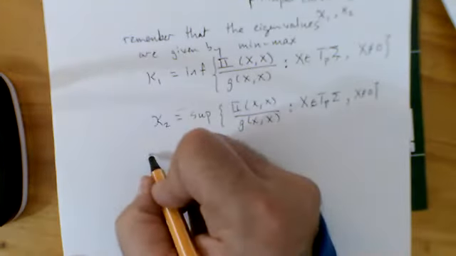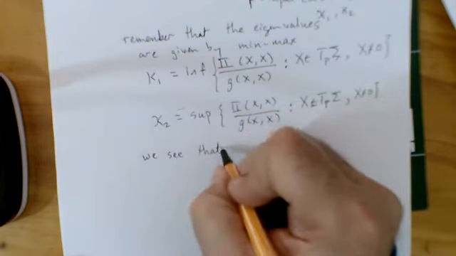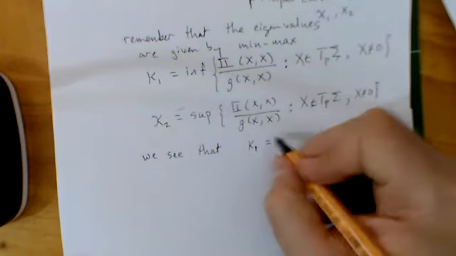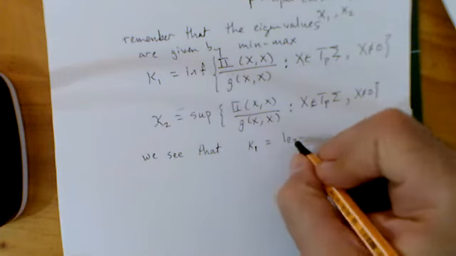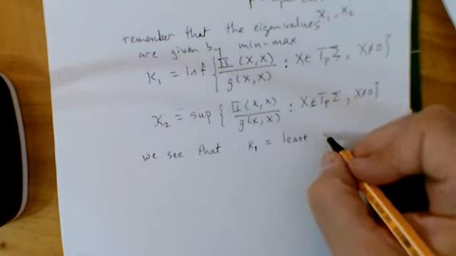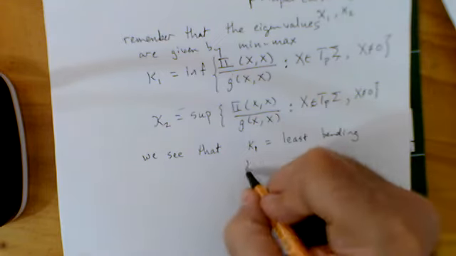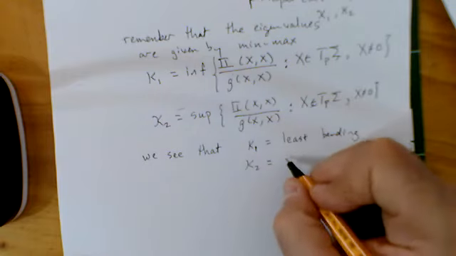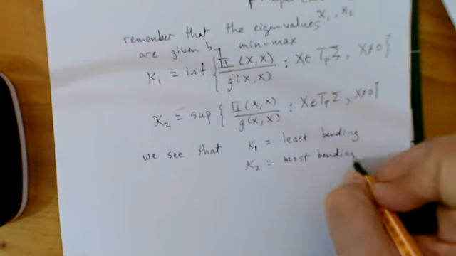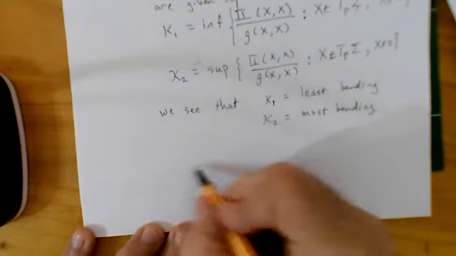So in this way, we see that these principal curvatures, kappa 1 gives the direction of least bending, and kappa 2 gives the most bending. You have to take signs into account here. So again, let's draw a picture.